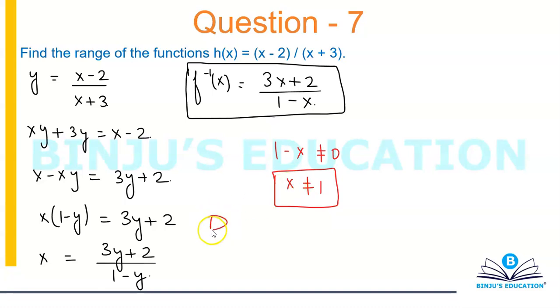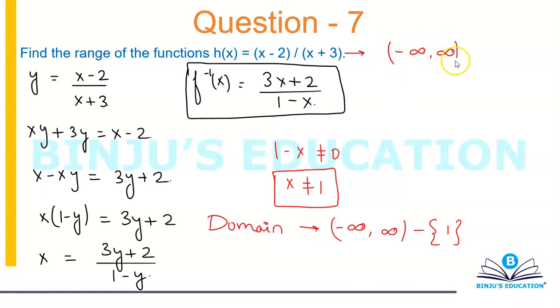So the domain for this inverse function is negative infinity to infinity apart from the number 1. So the range for the parent function, that is the range for this function, will be negative infinity to infinity apart from 1. That's your answer.